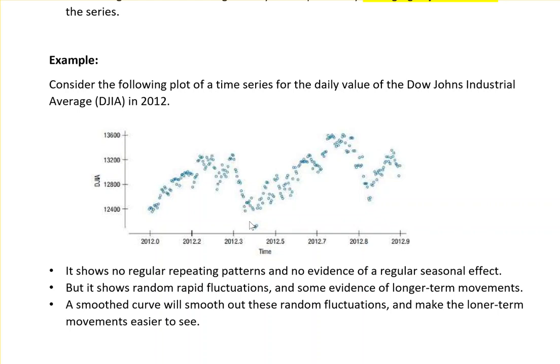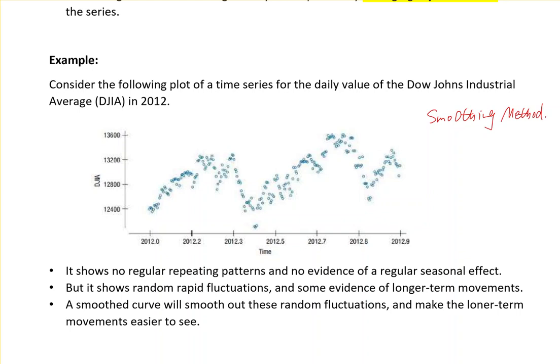It is increasing, decreasing, increasing, decreasing, so overall there's no increase or decrease. For this kind of time series, we'll use the smoothing method instead of the regression-based method.